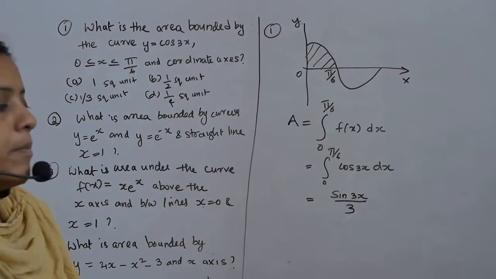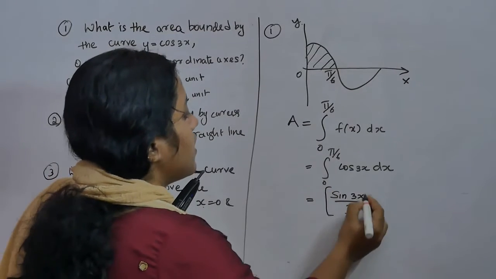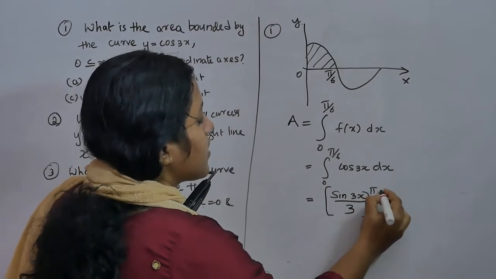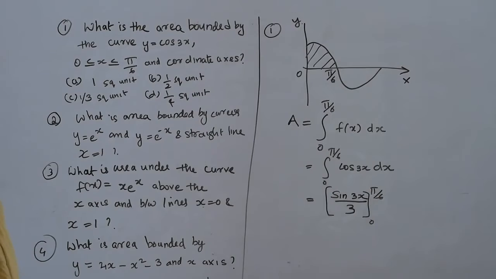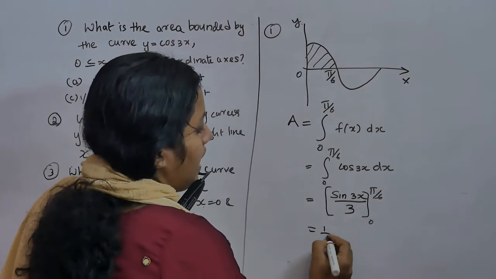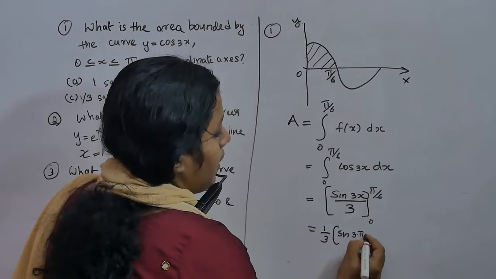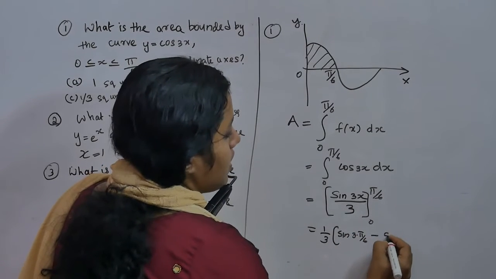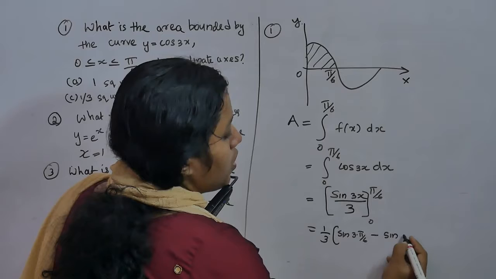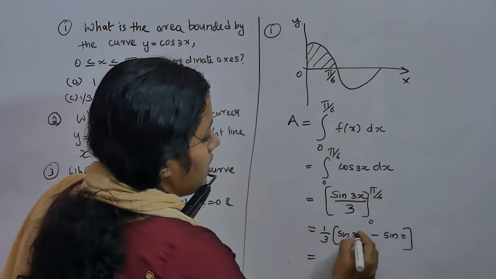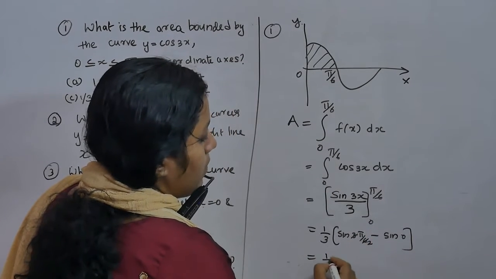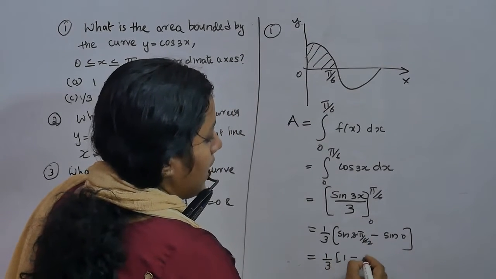And what is the limit? Limit is from 0 to pi by 6. Now I am taking 1 by 3 outside. Sin 3 pi by 6 minus sin 3 into 0, that is sin 0. So sin pi by 2 is 1. So 1 by 3 into 1 minus 0.